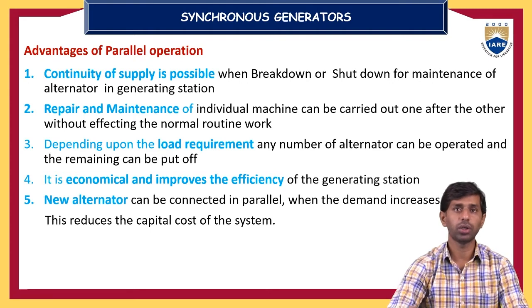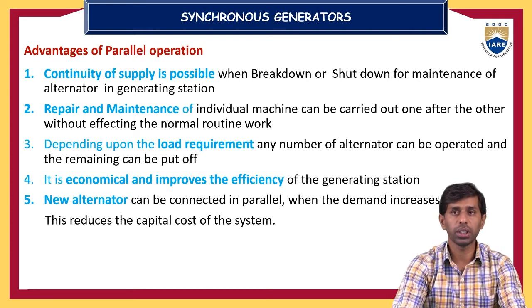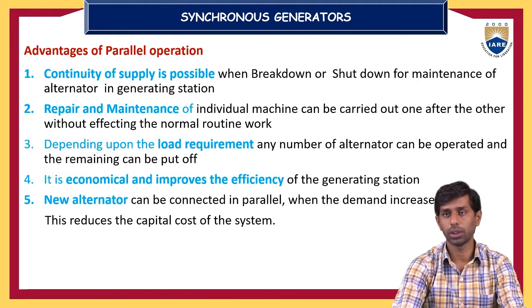So the main intention of parallel operation is to increase the efficiency of power generating stations, as well as to make continuity of supply possible without interruptions because of any technical reason. If one alternator gets switched off, the other alternators connected in parallel can take over the load.